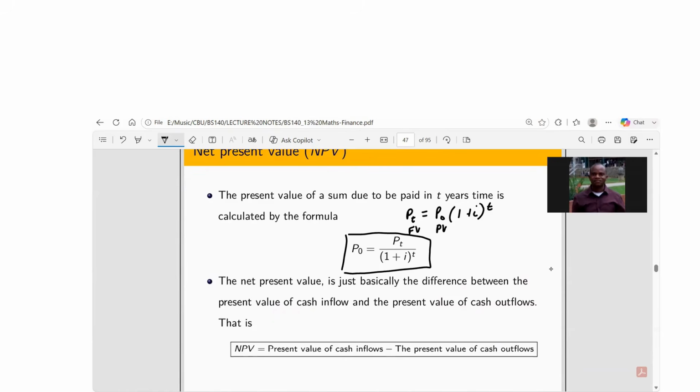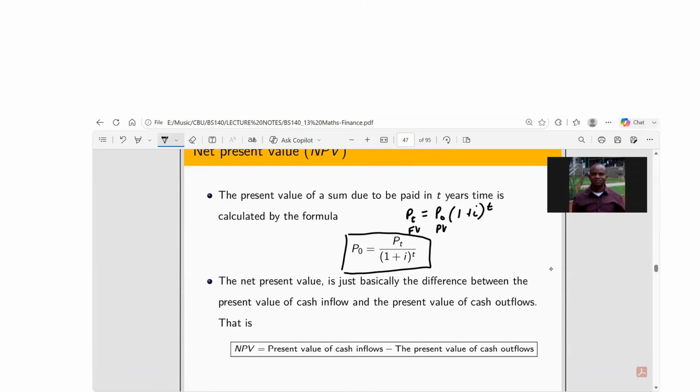When we're talking about the net present value, this is simply the difference between the present value of cash inflow and the present value of cash outflows. Remember, when you are starting a project, there is money that you invested in. So that is the money out. Since you are investing, the money is leaving your pockets. So that is cash outflow, and it is regarded as negative because you're losing out.